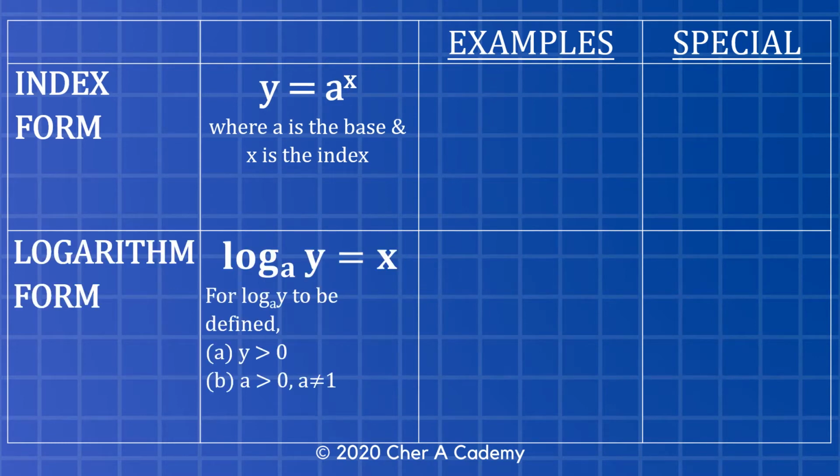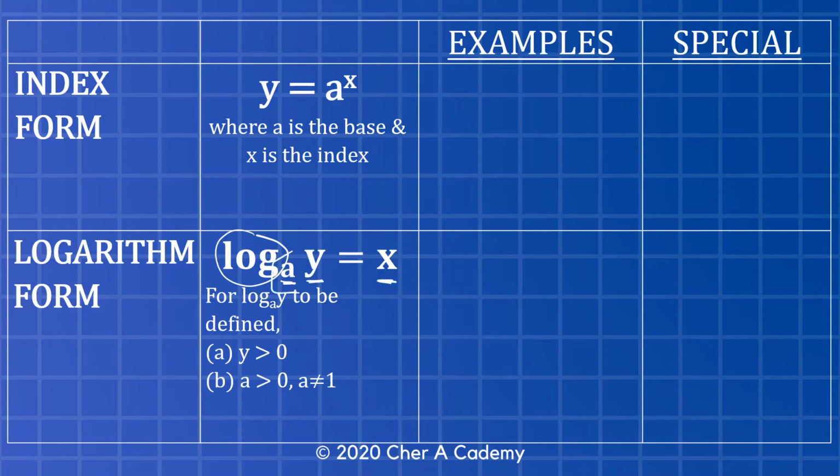So our new friend logarithm, or in short we call it log, is another way of expressing our index form. In index form, it's a simple y equals a to the power of x. If we express it in log form, we will see the word log, L-O-G, with a base a, of y equals x.